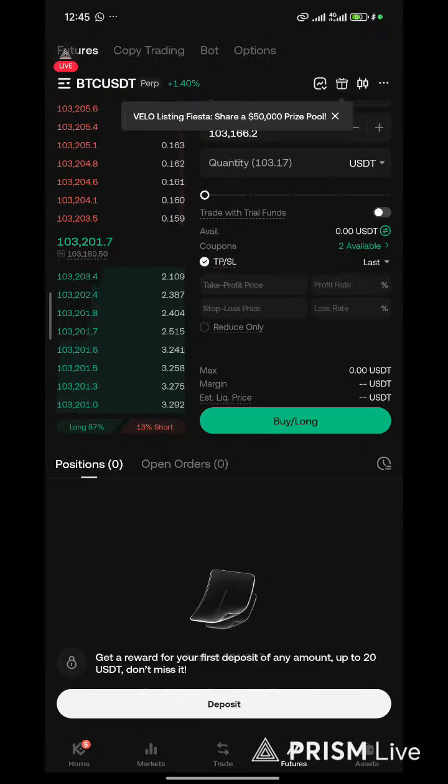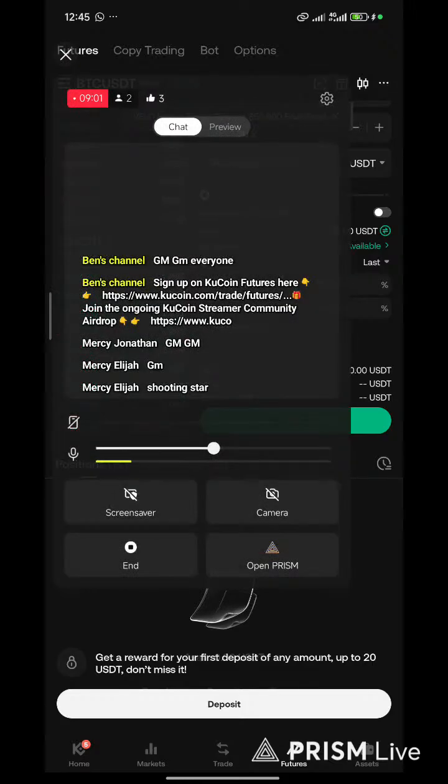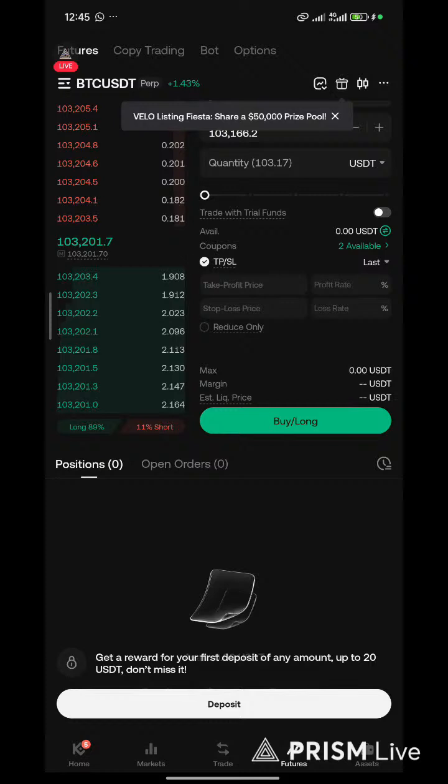So we talked about the candlesticks, and we also looked at how it is shown in live trading.